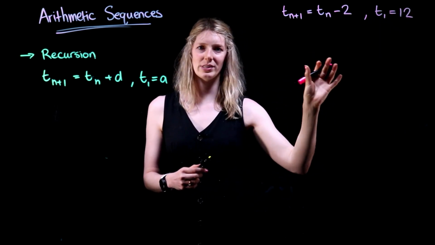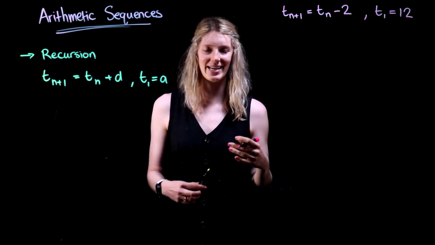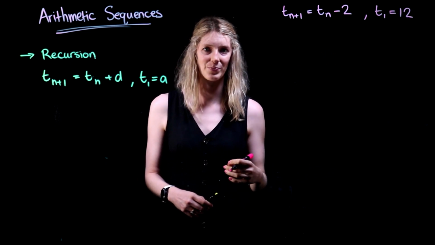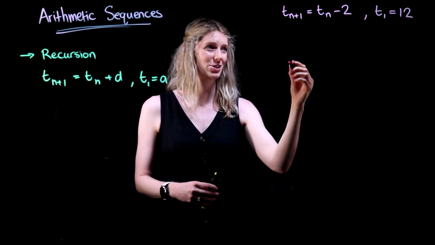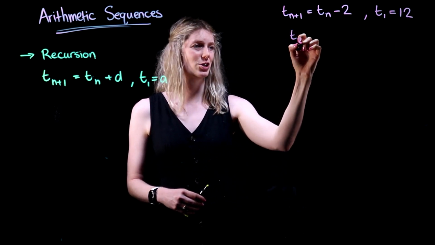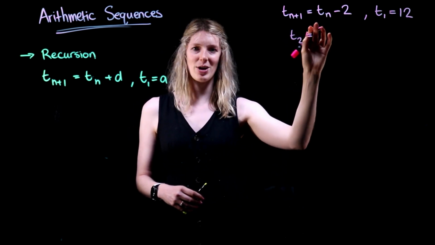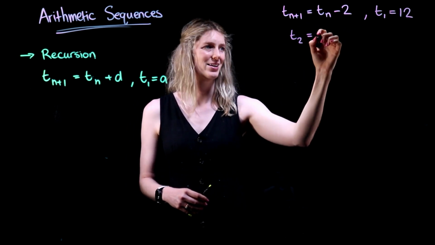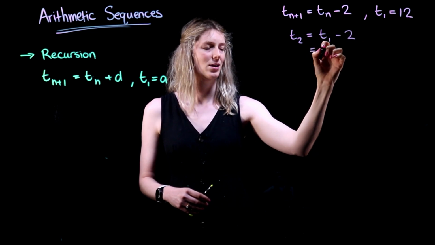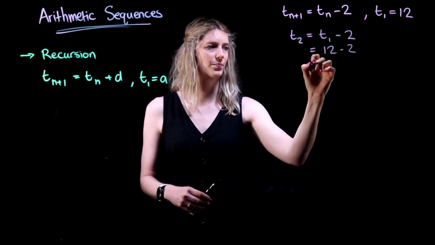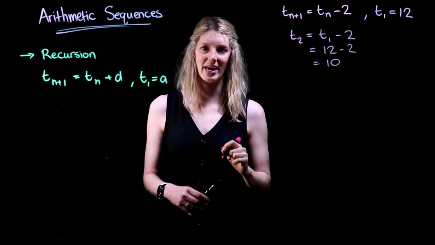So we can now use that information to go ahead and calculate our first 4 terms. We already know that term 1 is 12, so we don't need to do any calculations there. To get to term 2, using the information in our recursion relation here, we can go T1 minus 2. 12 minus 2, which is 10.